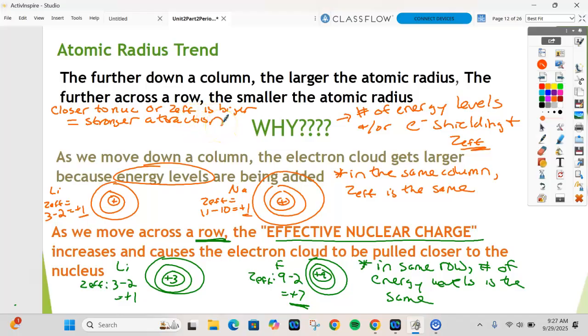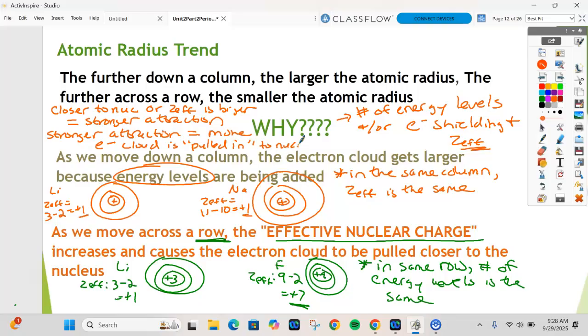And the stronger the attraction, the more the electron cloud is pulled in to the nucleus. And that's what makes the atoms smaller or bigger.